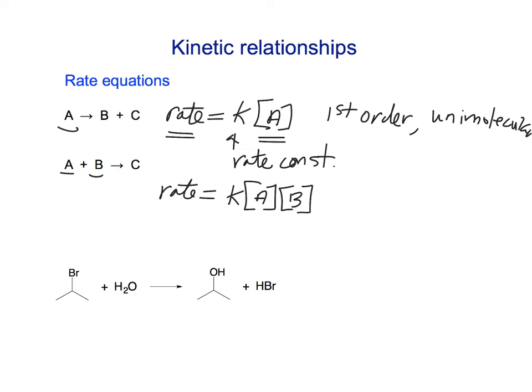What happens if we went 2 times the concentration of A and 2 times the concentration of B? Well, then the rate would go 4 times faster. This is referred to as a second order reaction, or it can be called bimolecular.